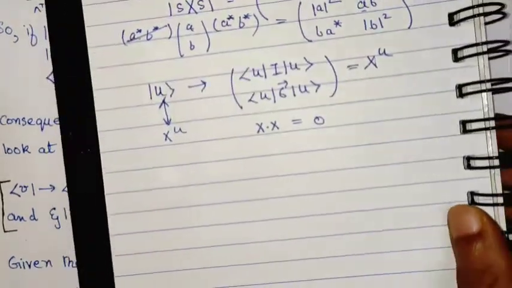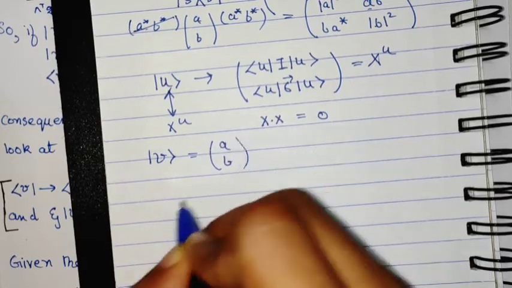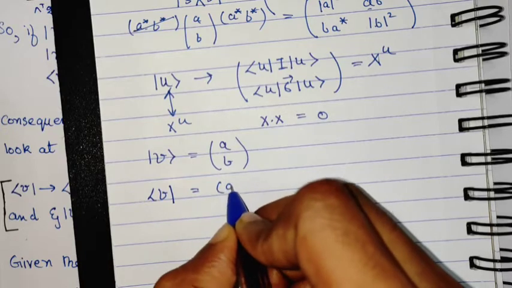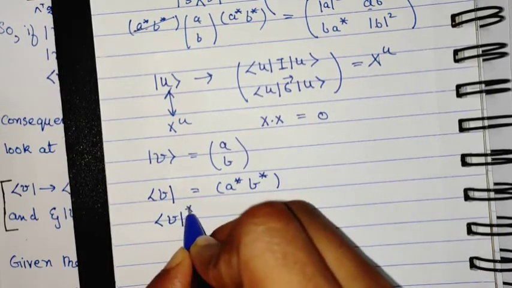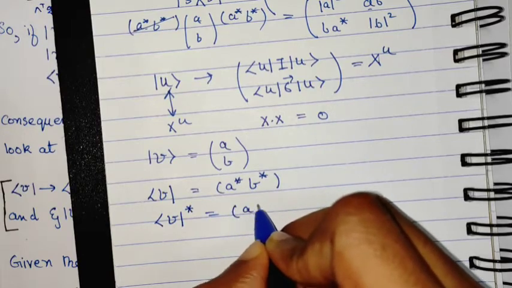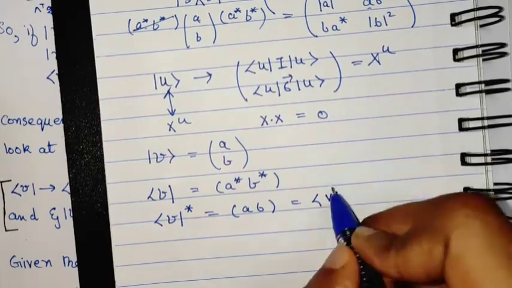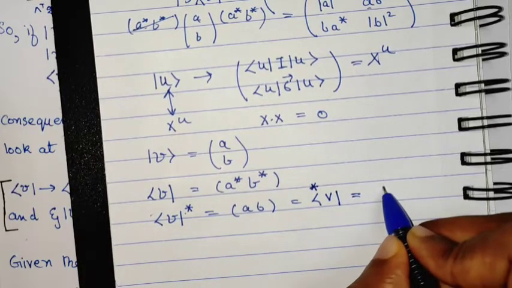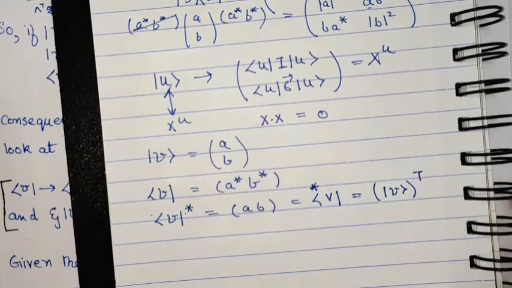Here one thing important to mention is that if V is, suppose, A, B, a rank 1 spinner, then V star is A star, B star, which is nothing but V transpose simply.